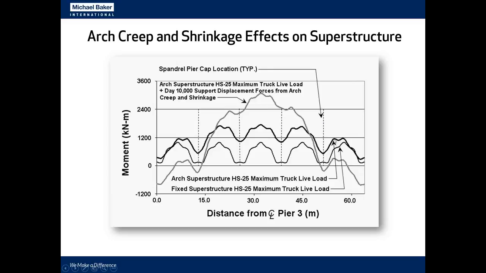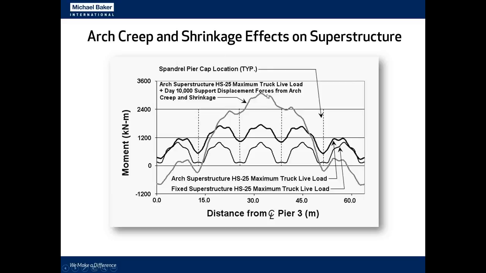And the thick black line represents the actual superstructure moments due to the maximum HS25 live load, and you can see, as we saw in the previous slide, that these moments get larger towards the center of each arch span, versus if the superstructure was on fixed, unyielding supports.